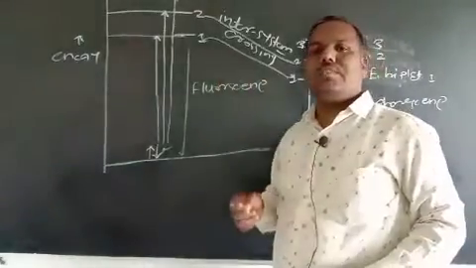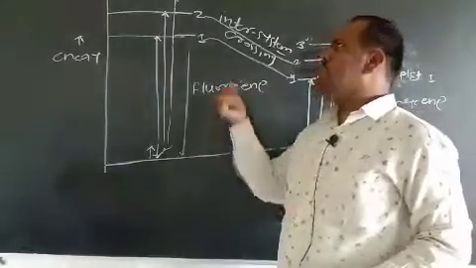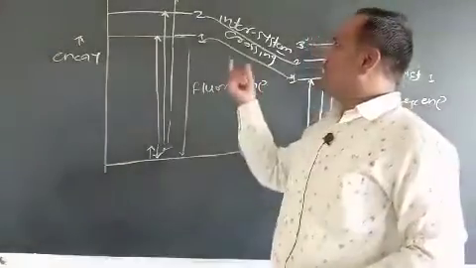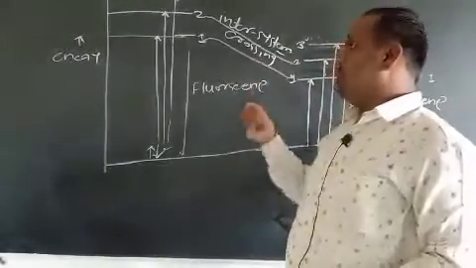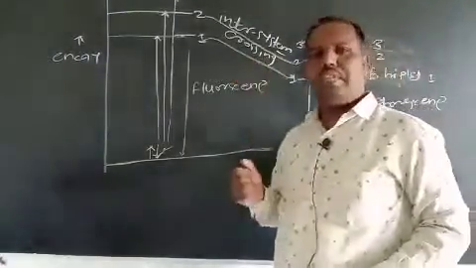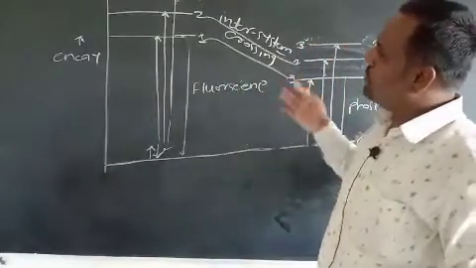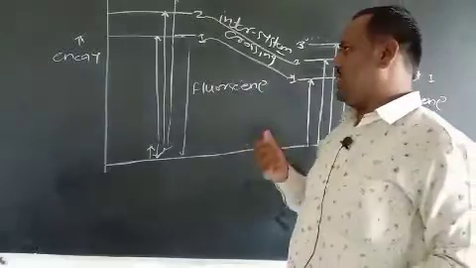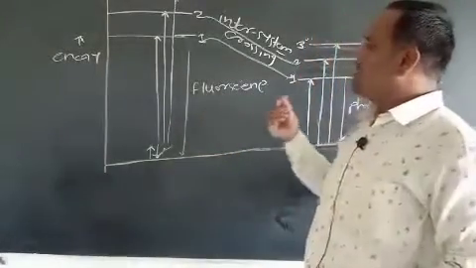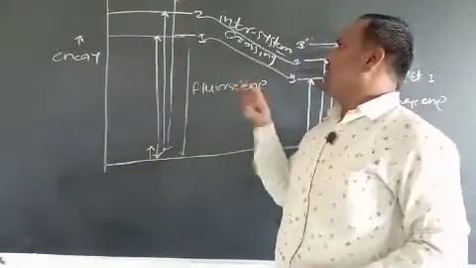This inter-system crossing is spin forbidden, but in many molecules which undergo photochemical reactions, this is also a possible route of deactivation. So this is regarding the Jablonski diagram and the processes involved in it: excited singlet, excited triplet, fluorescence, phosphorescence, internal conversion, inter-system crossing.